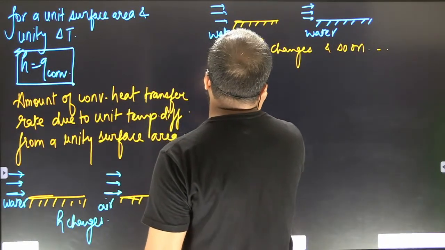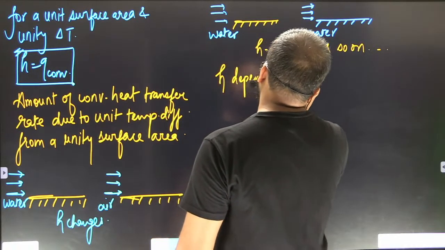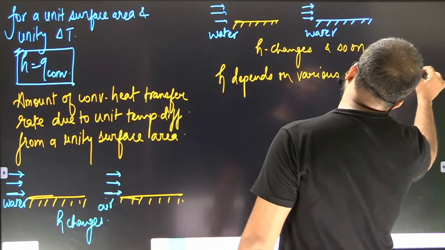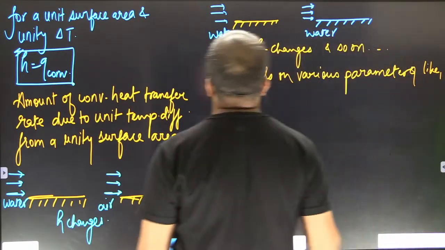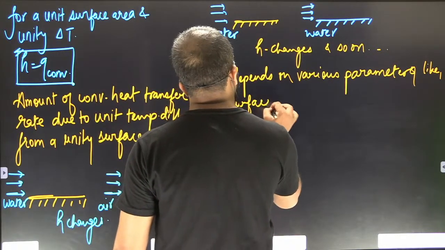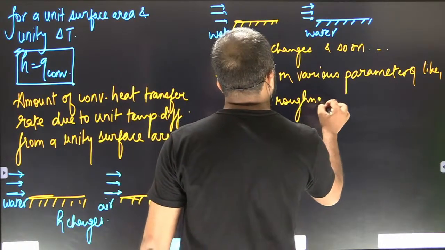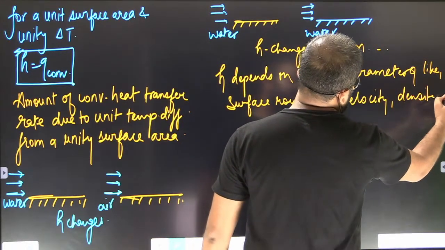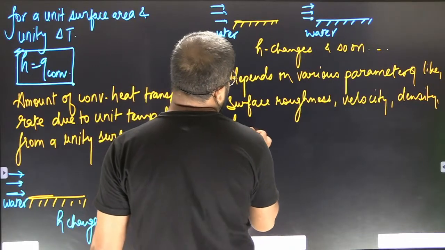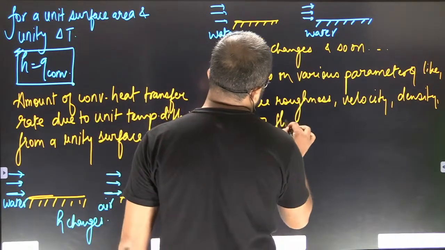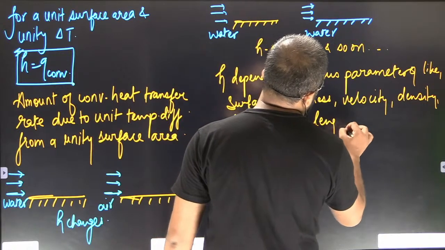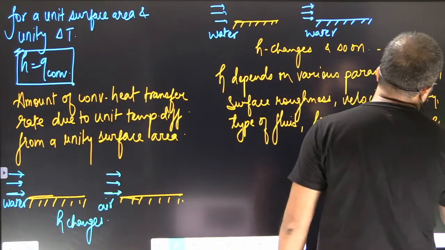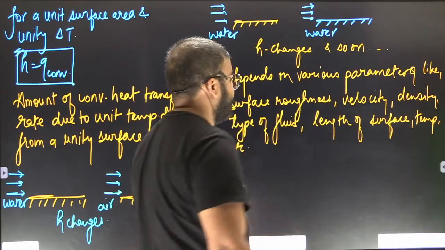So H depends on various parameters. What are those? Like surface roughness, velocity, density, type of fluid, length of surface, temperature, etc. In total, there are 9 parameters.